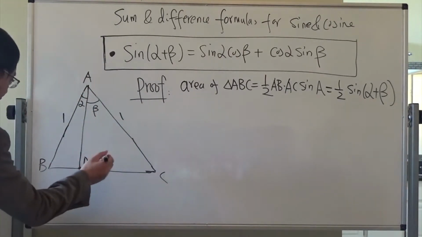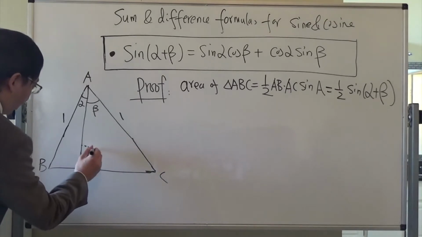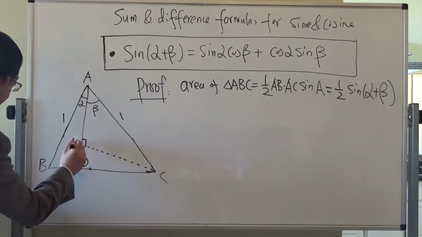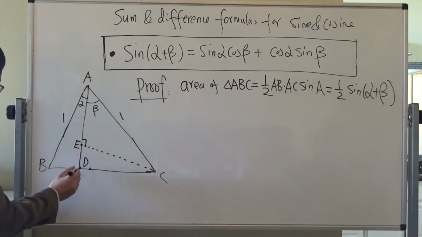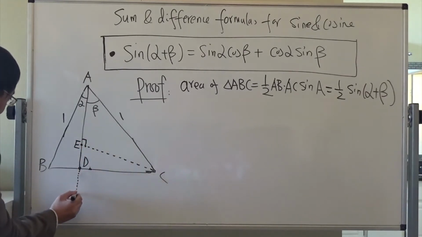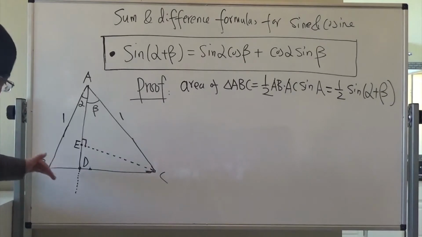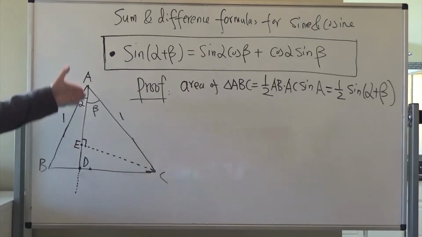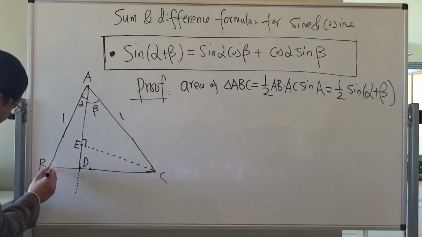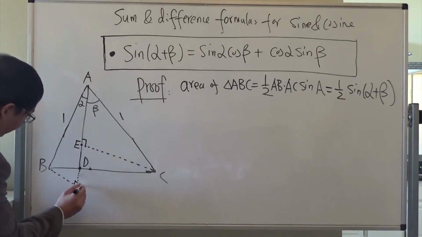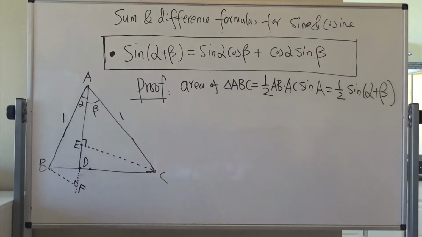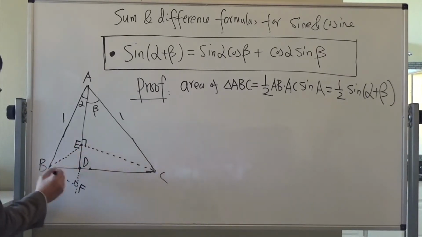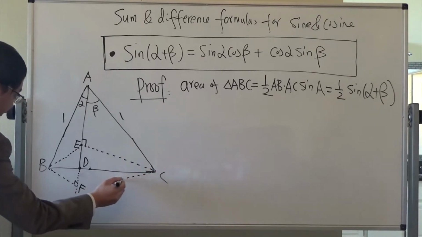Let me draw a helping line. I draw the height from C to AD, so this is perpendicular. This is why I put E. And then I also draw the perpendicular line from B to the line we extend AD, and that I put as F. Now let's connect BE, and then we connect CF.